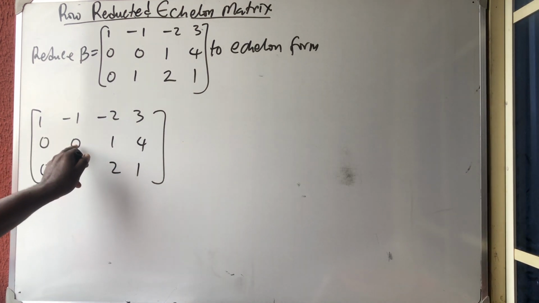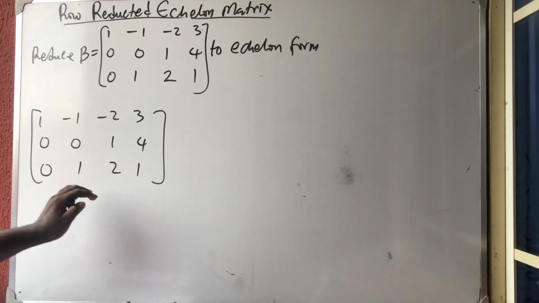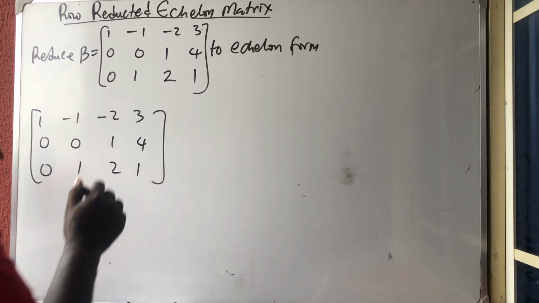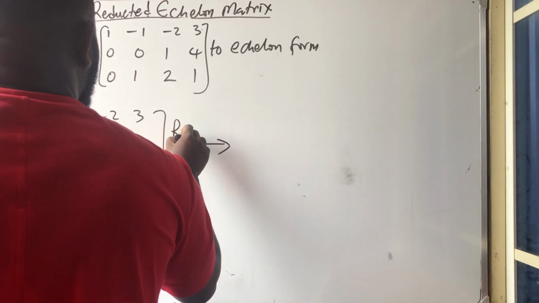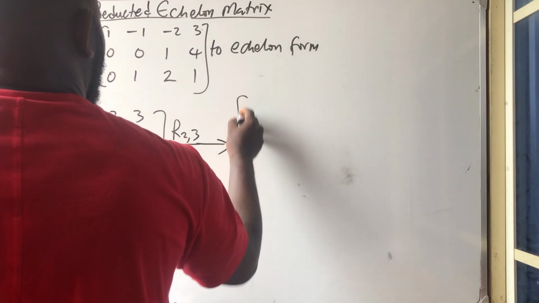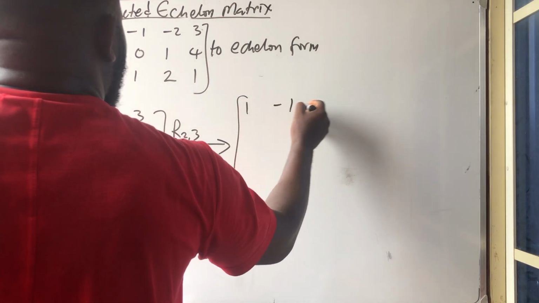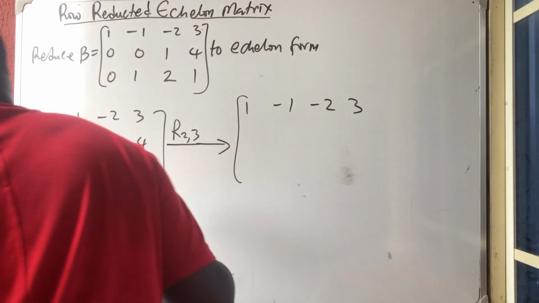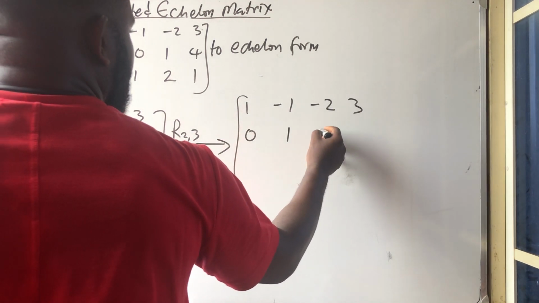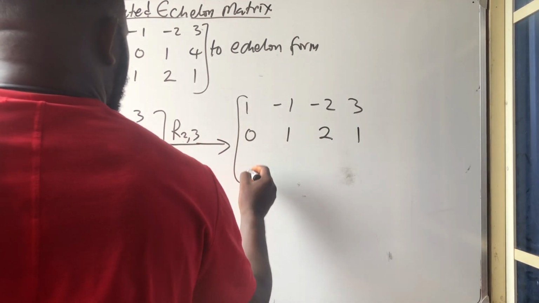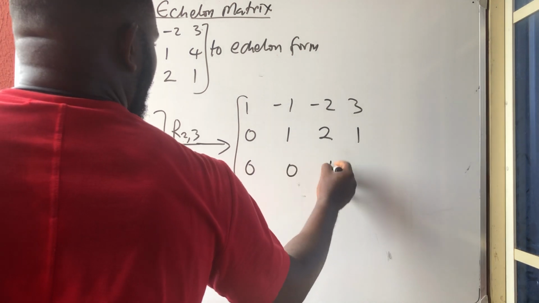So the next thing is for here to be 1, and then everywhere is 0. So let me swap these two and see what will happen. If I swap row 2 and 3, I'm having 1 minus 1 minus 2 3. Then 0 1 2 and 1. Then 0 0 1 and 4.